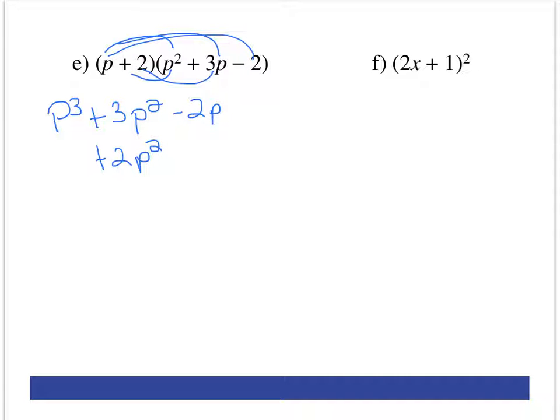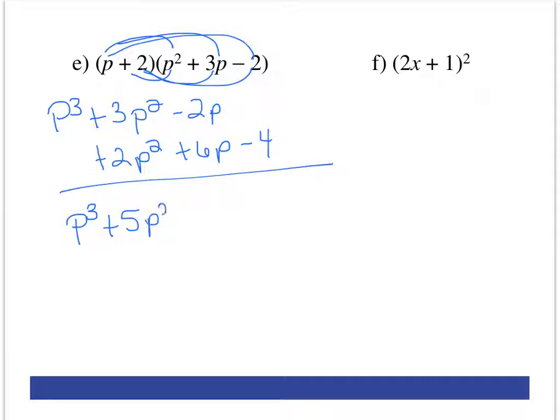And distribute over here and I get a plus 6p. And then I distribute again and then I get a minus 4. So I'm going to add everything together. So I wind up with p to the third plus 5p squared plus 4p minus 4.